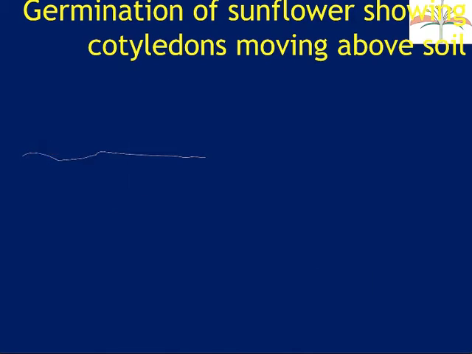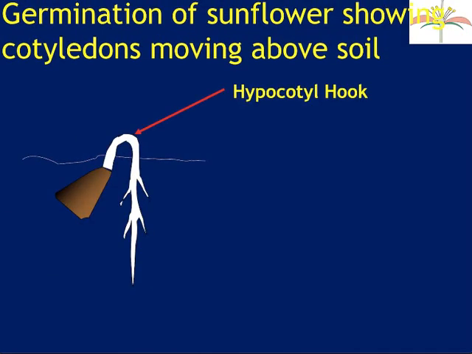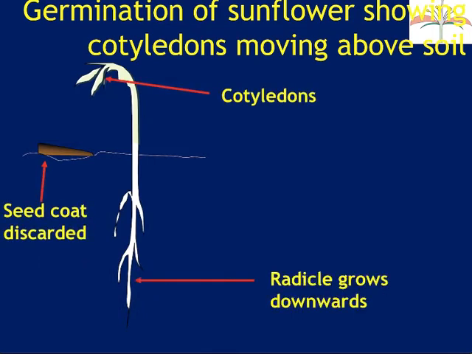And I'm just going to go back. No, go back one more. So here you can see that the seed is here, and it's this part that gets bigger. So there's still a hook, but the seed leaves are covered by the cotyledons as it moves up through the soil. And it's only when it gets up through the soil that the seed coat is destroyed and the seed leaves then can start to kick in.